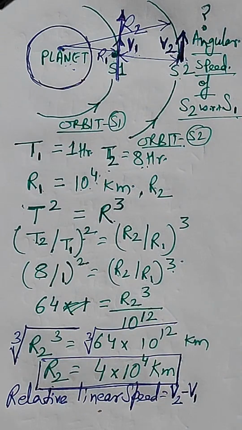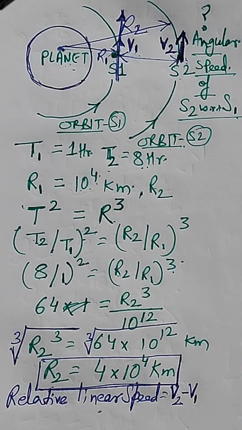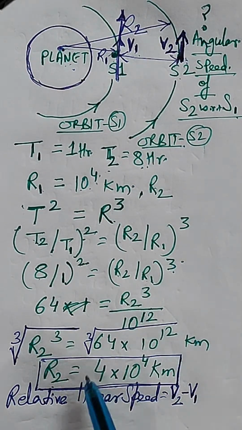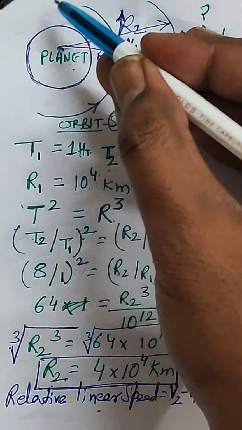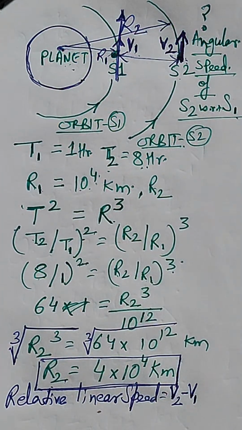Now since we have already calculated the radius, for the entire orbit 2 pi r is the total displacement.